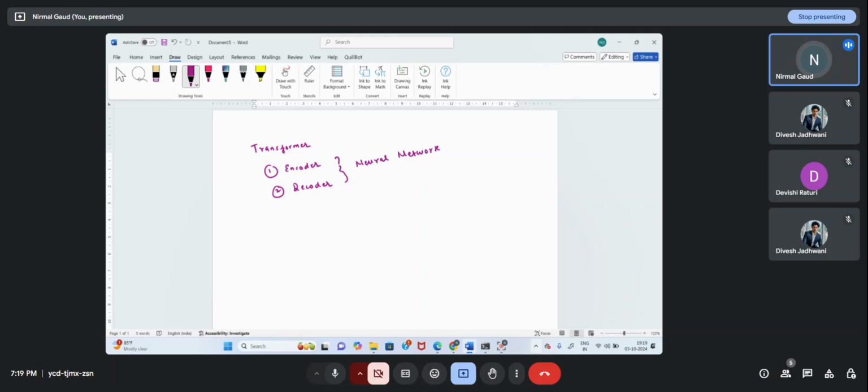Transformer itself is a neural network. If we talk about encoder, it is having three components: positional encoding, multi head attention, feed forward network.